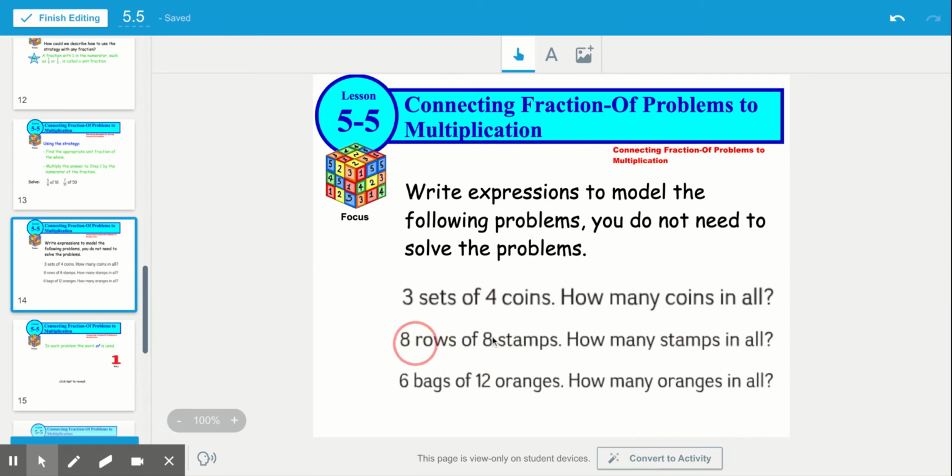8 stamps, 8 rows of them. 8 of 8, so 8 times 8, 64. 6 bags of 12 oranges. 12 oranges in each bag. 6 times 12, 72. So remember, this is just a refresher that the word of means to multiply.